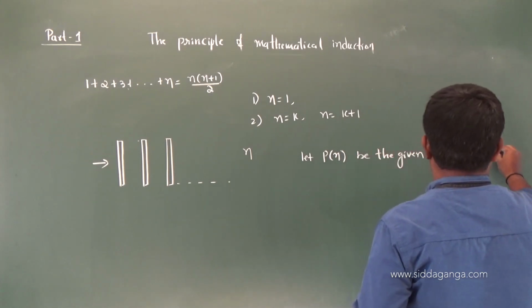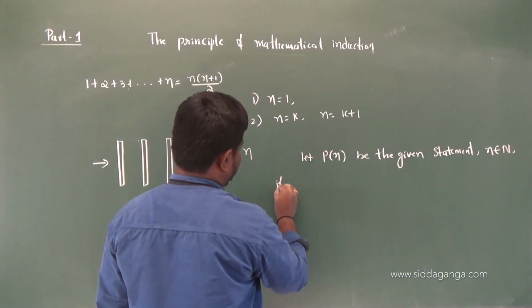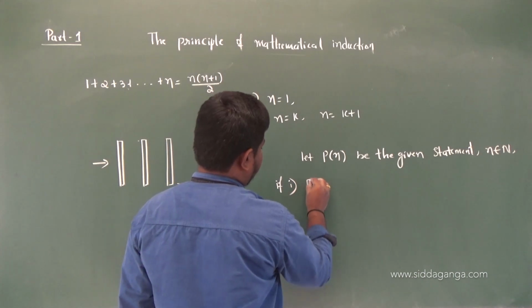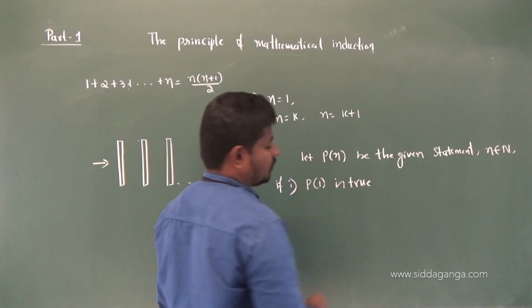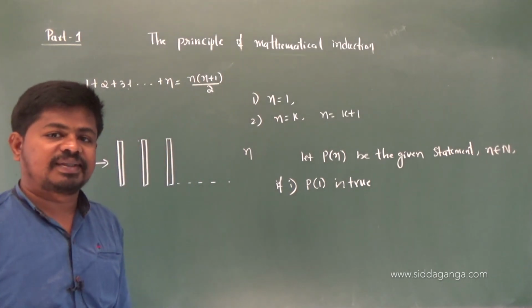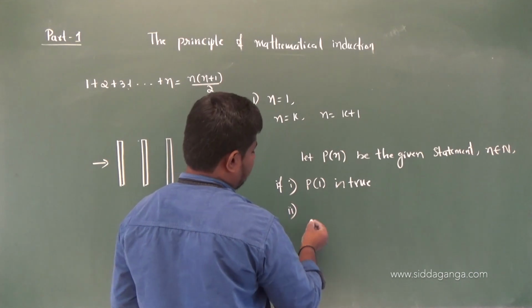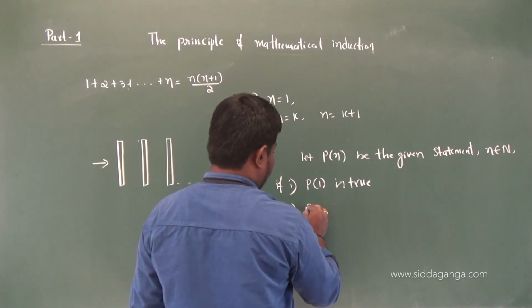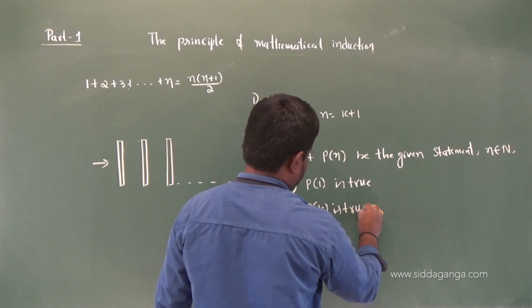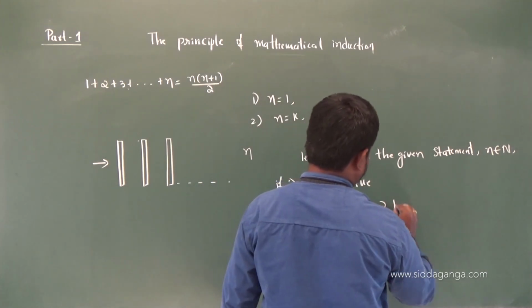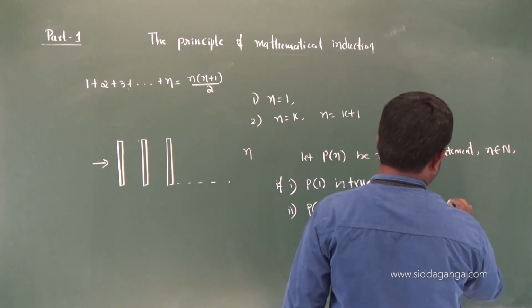For n natural numbers, if first, P of 1 is true, that's what I said. The first book falls. If P of 1 is true, second, if we assume P of k is true, that implies P of k plus 1 is also true.